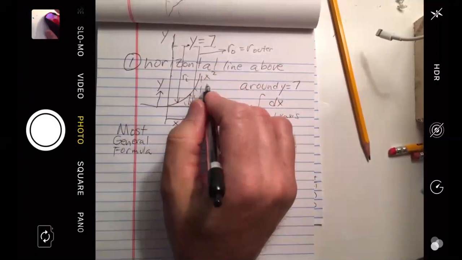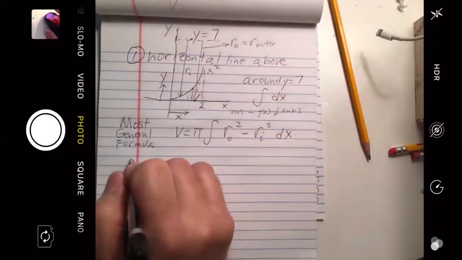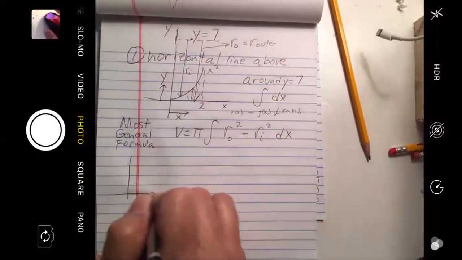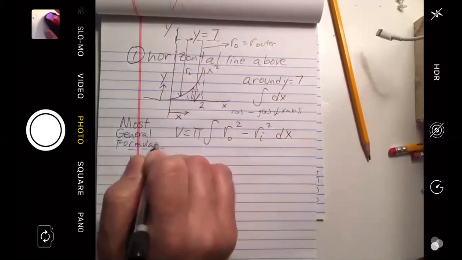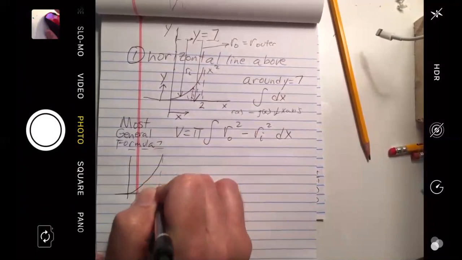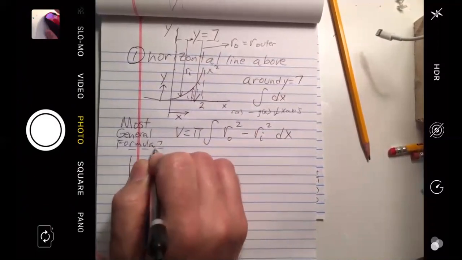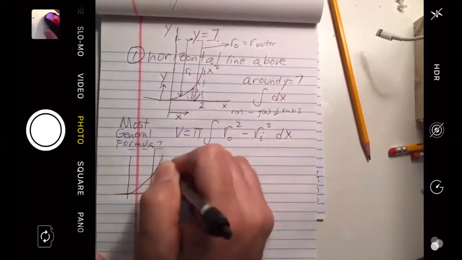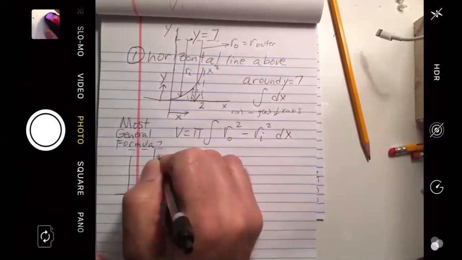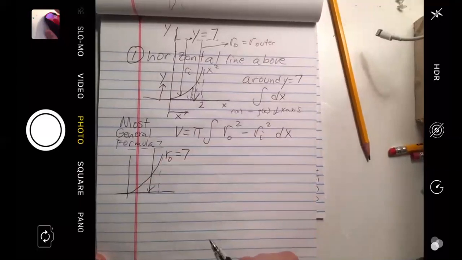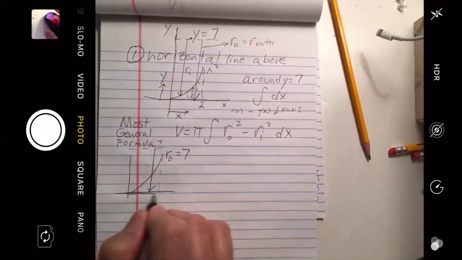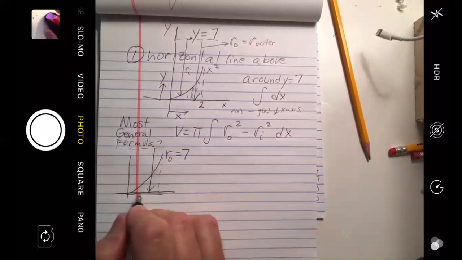My graph has kind of gotten gibberish, so let me redraw it down here, try to make it clearer. If I'm going to go from 7 and do a distance down, the outer radius on this one is pretty simple. Can you see it's just 7? Because you're going straight all the way across here, you're going 7.